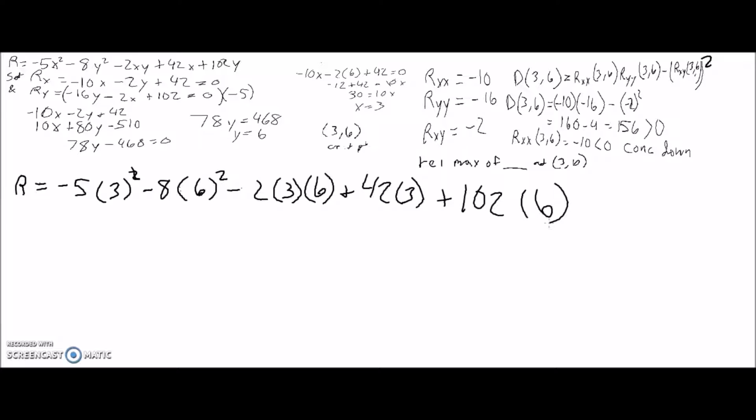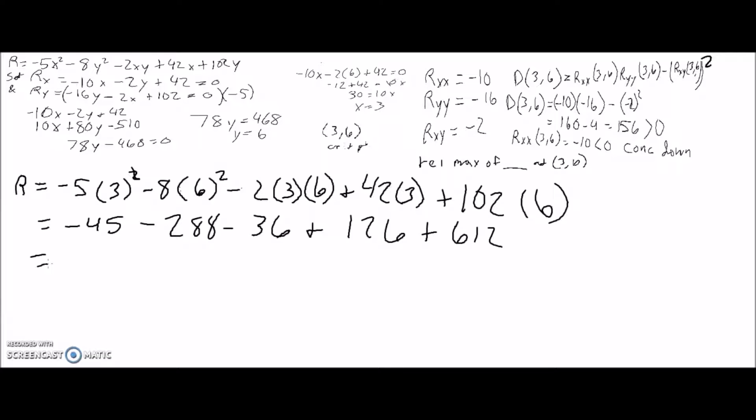When we solve this, we get negative 45 minus 288 minus 36 plus 126 plus 612. This gives us a total value of 369.